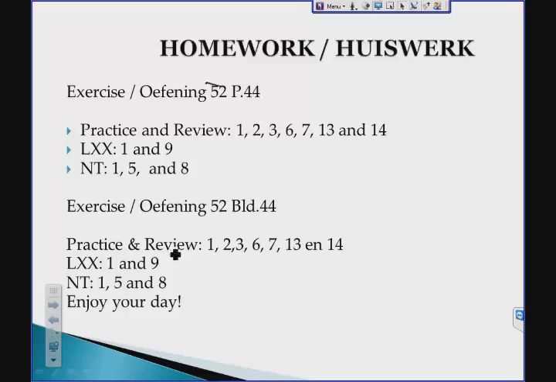That's not correct. It's page 44. Oh, it's actually exercise 52, but then it's page 44. So I'm okay there. I referred to the lesson as the page. That's the mistake. Ho theos apostellei touton ton propheten eis ton laon.